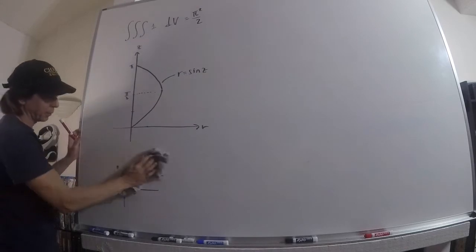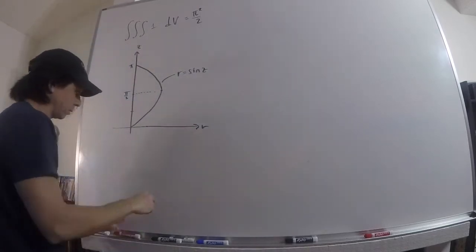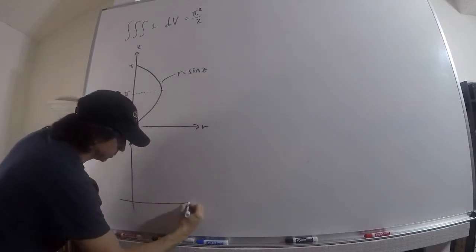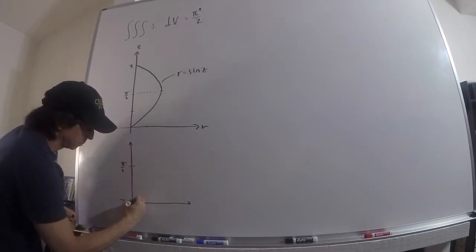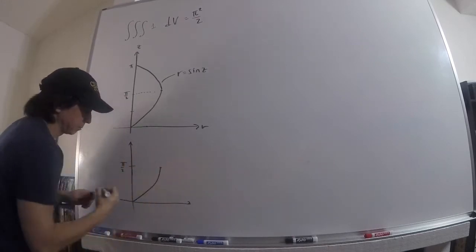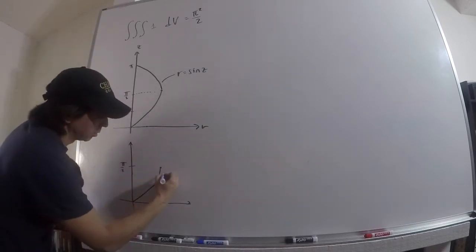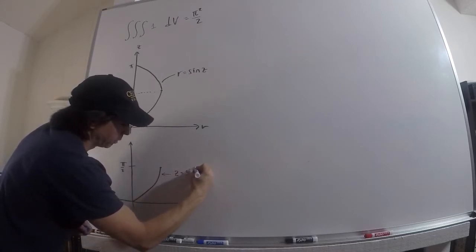And then I'm going to draw it bigger because I'm going to refer to it. Okay, so this is z is equal to sine inverse of r.